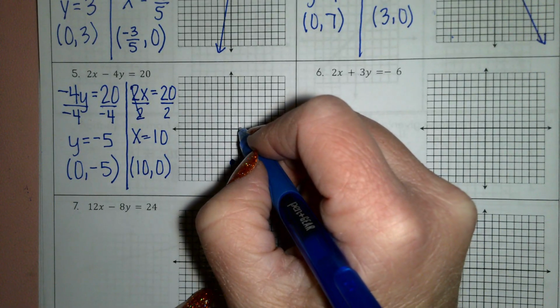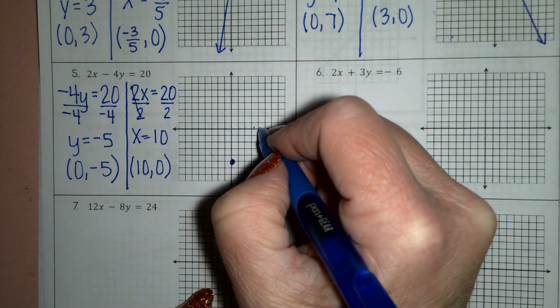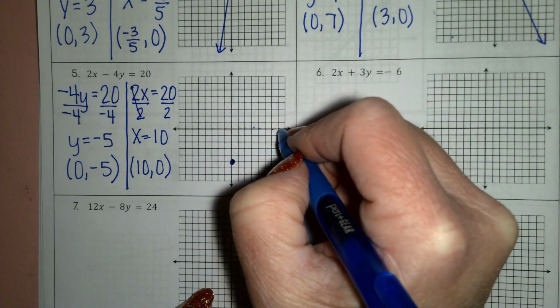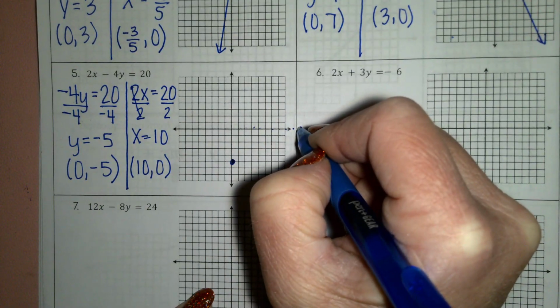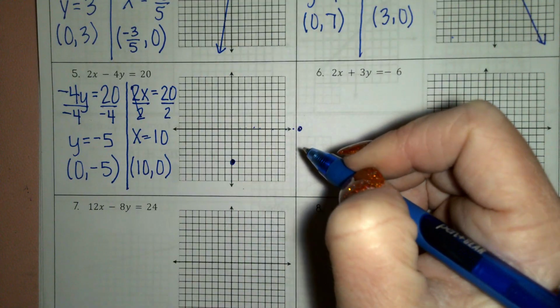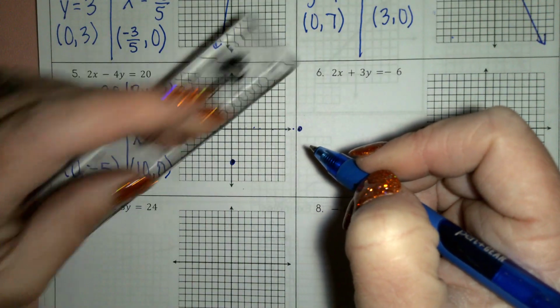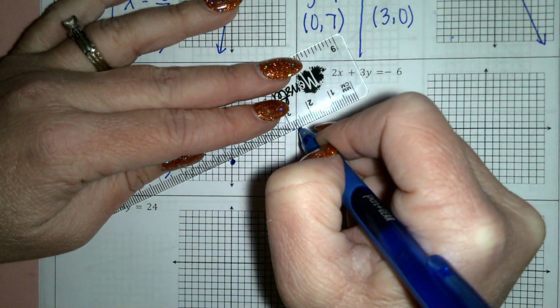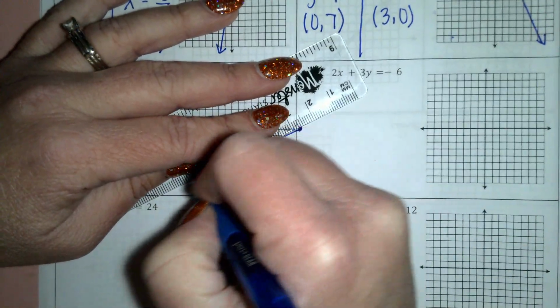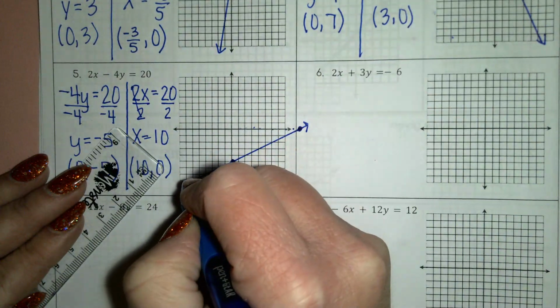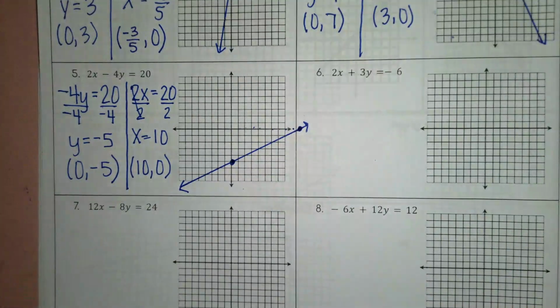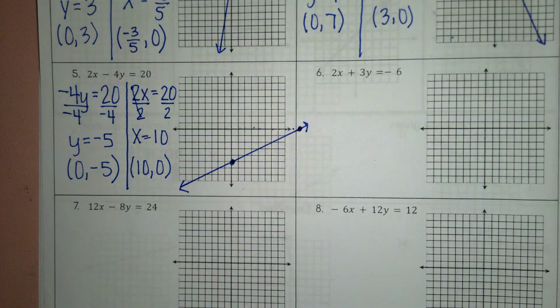Let's see. 1, 2, 3, 4, 5, 6, 7, 8, 9, 10. It's going to be off the graph. Just do the best you can on graphing that one because it's off the graph.